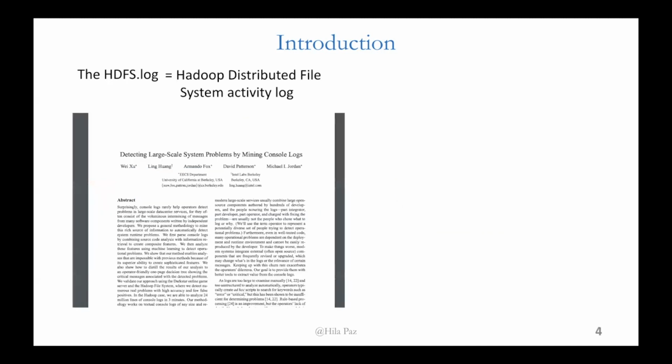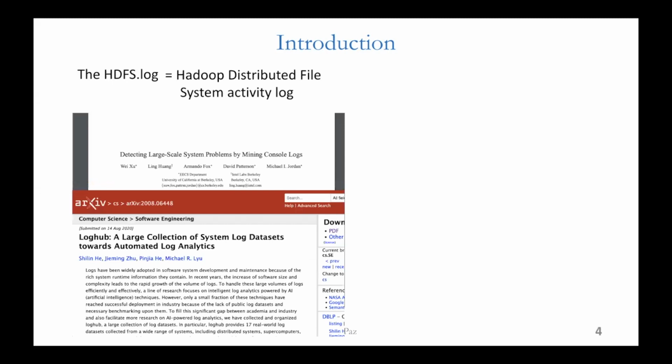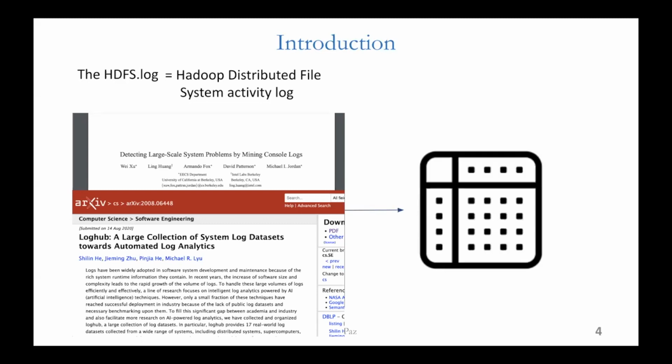The researchers detecting large-scale system problems and a large collection of system log datasets for AI-driven log analytics generated the data used in this project from private cloud environments using standard and typical workloads. They manually labeled data to either normal or anomalous session. There are a total of 11 million log records, which belong to 600,000 unique sessions.